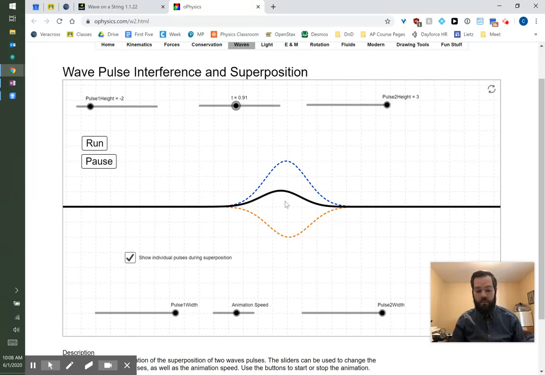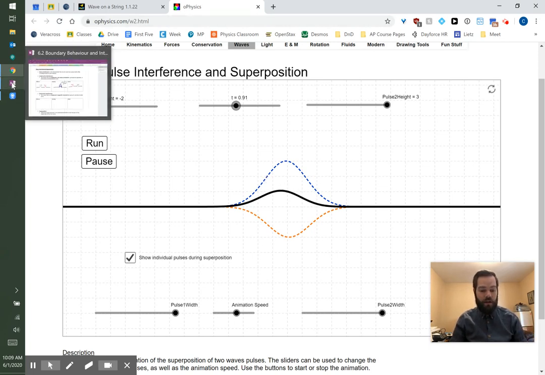It's the subtraction, the difference between these two pulses. So this blue pulse has a height of 3, the orange pulse has a height of -2, and so the combined pulse, 3 plus -2, is 1. All right, so they cancel each other out. It's called destructive interference. They destroy each other, in essence.